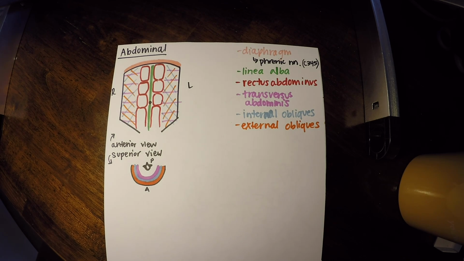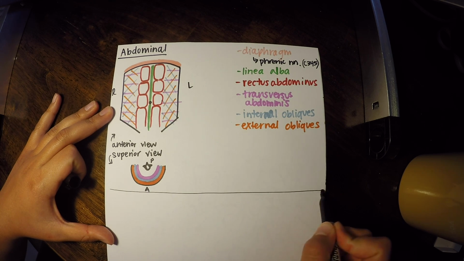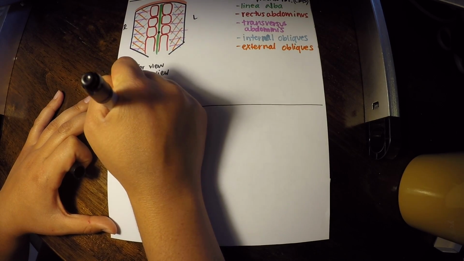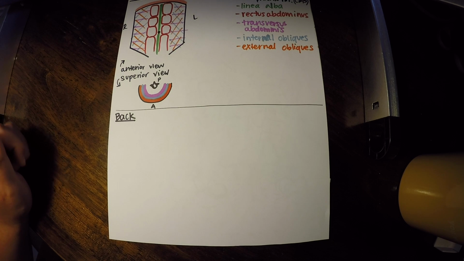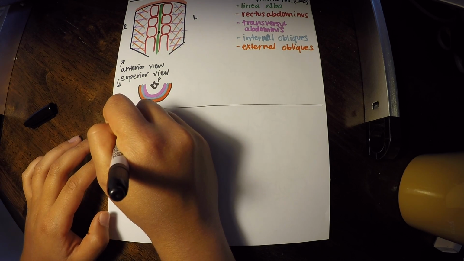All right, so now we are going to cover back and chest muscles. Now that we're done with these, I'm going to draw a line to separate things out here, and we're going to move on to back muscles. Now let me again draw a little figure here. We're going to draw a little guy.